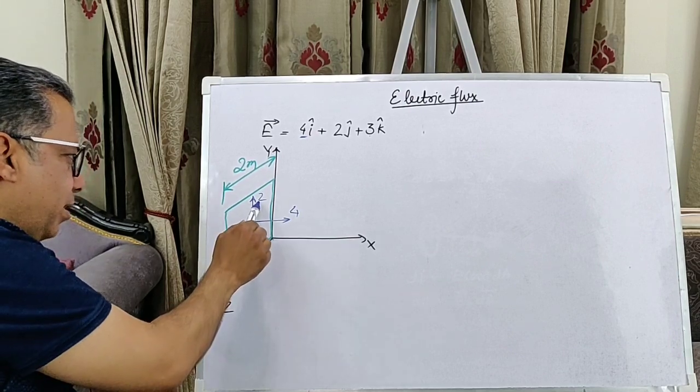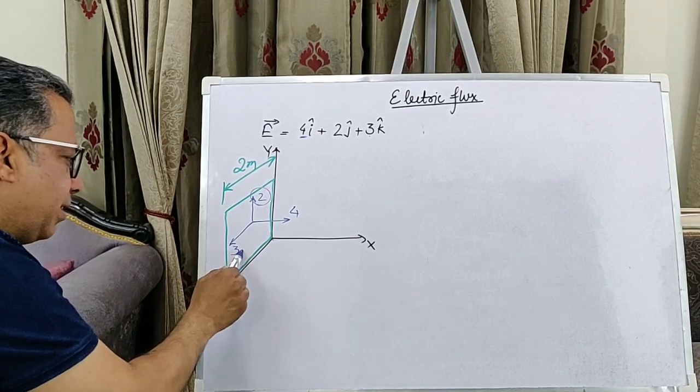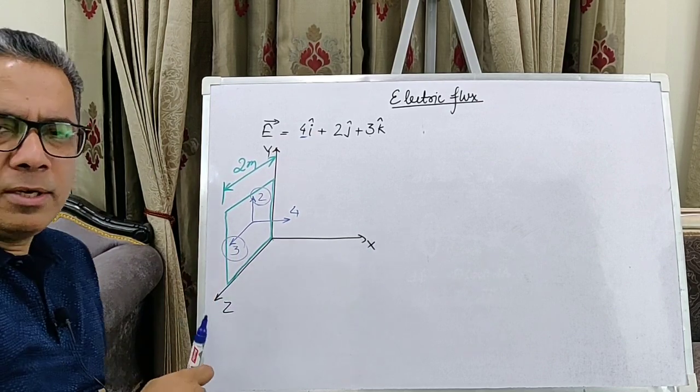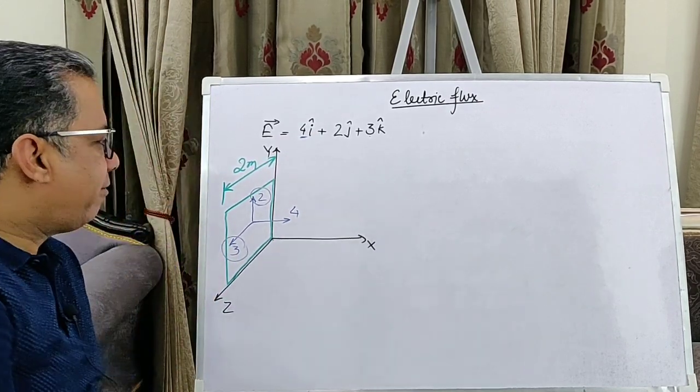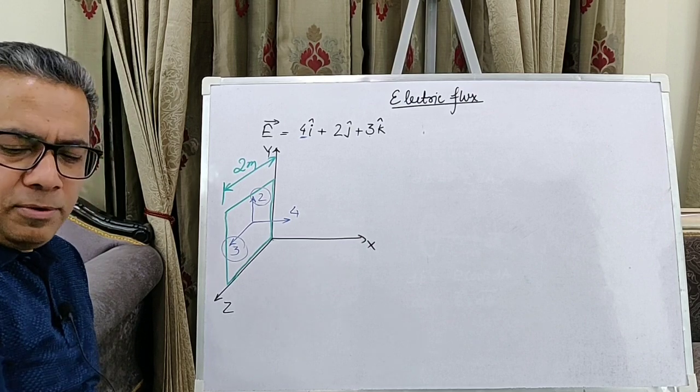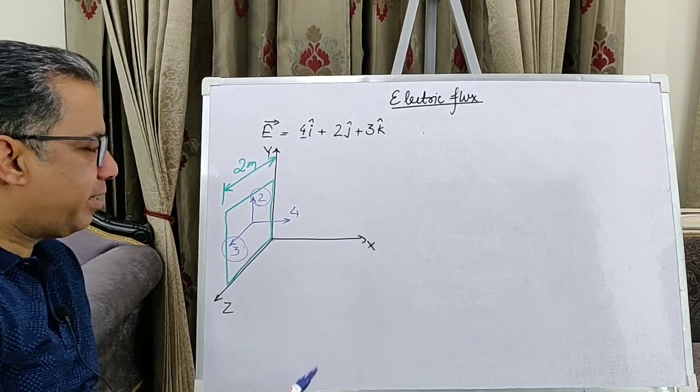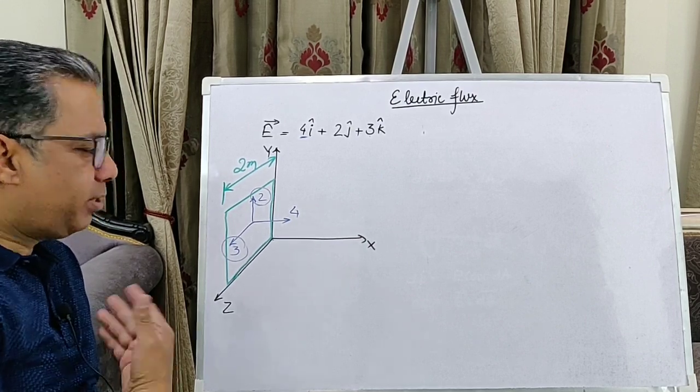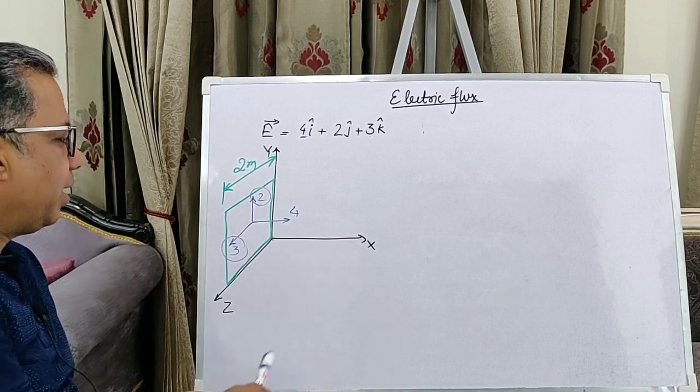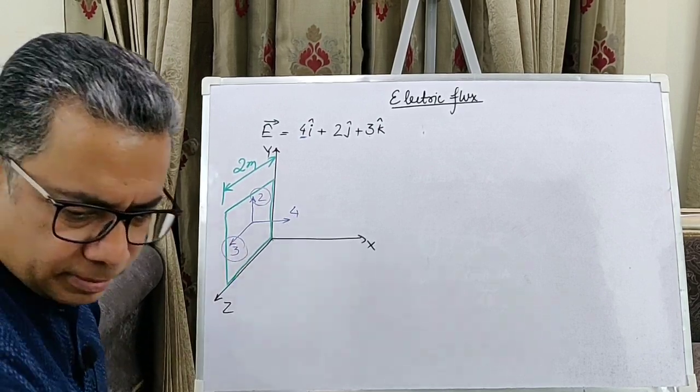Now these components which are tangential to the surface will not produce any electric flux through the surface. So the only component of the electric field producing a flux through this surface is the x component.